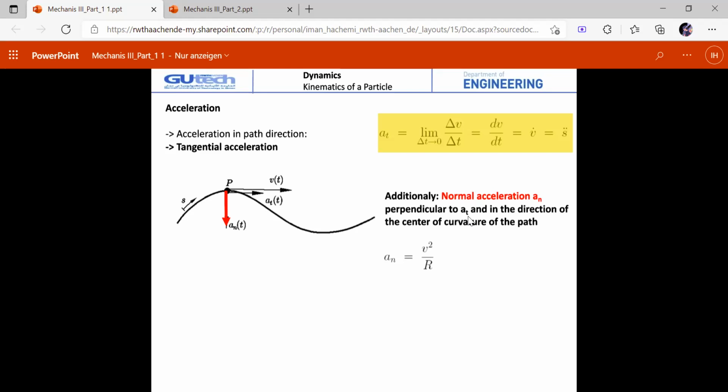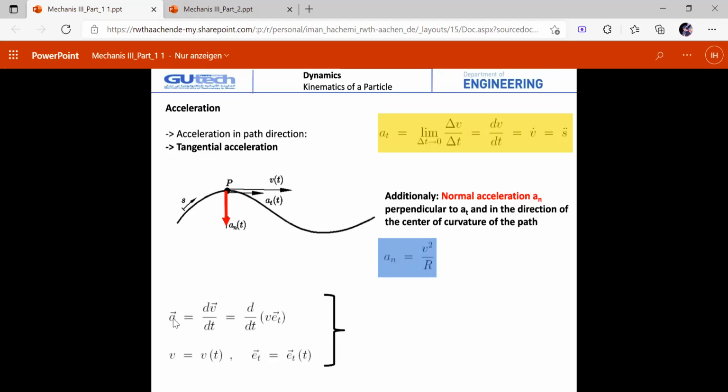As we said, we have three unit vectors, et, en, and the binormal one, eb. Then the normal acceleration is perpendicular to the tangential one, and this is defined by v squared divided by r.